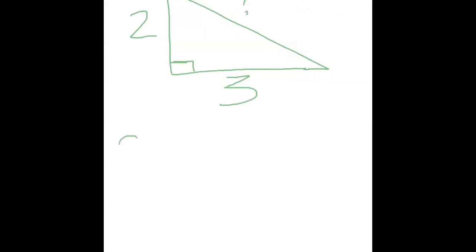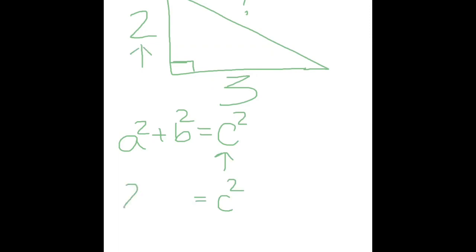So with the Pythagorean theorem, I know a squared plus b squared equals c squared. I'm looking for C, so I bring that down. I know a squared is 2 squared plus I know b, and so b squared is 3 squared.